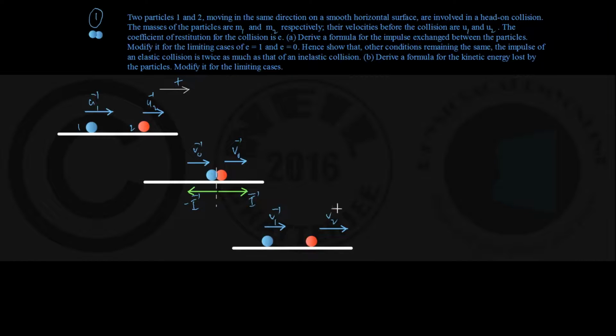That's my assumption, and they have given in the question the masses of the particles m1 and m2. u1 and u2 also are given, but v1, v2 I have taken myself, so I have to get rid of them while reporting the final answer. And remember, this is a partly elastic collision mentioned, for which the restitution coefficient, the value of E, is less than 1. That is just any value between 0 and 1.